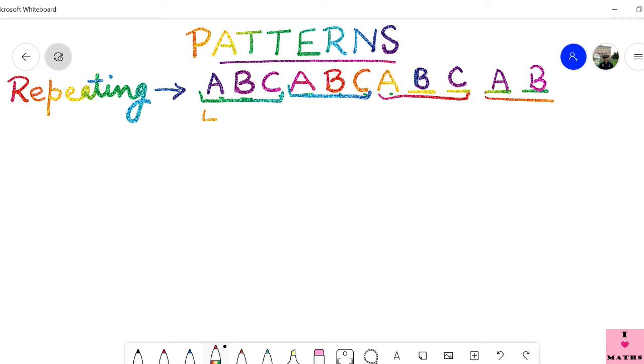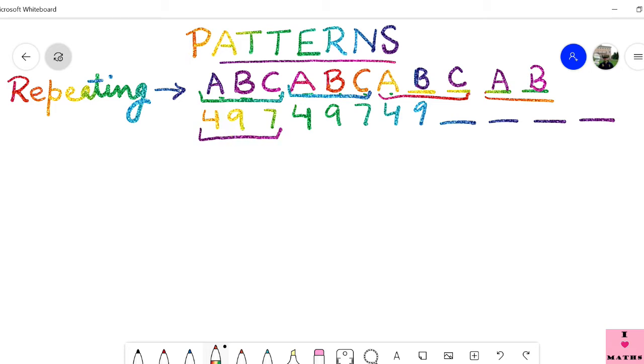Same way, if you get 4, 9, 7, 4, 9, 7, 4, 9. If you get to see this pattern, you will look at it carefully and you will see that 497 is repeating itself.